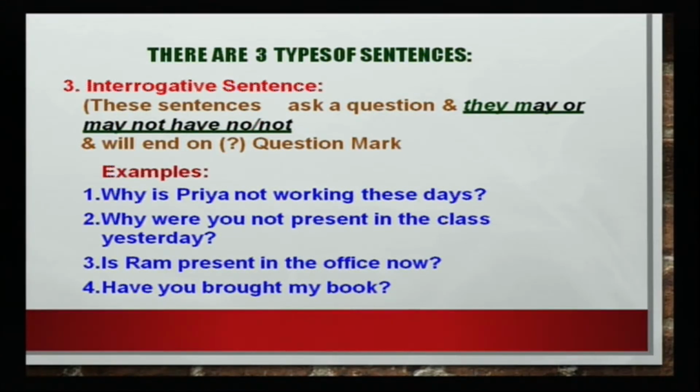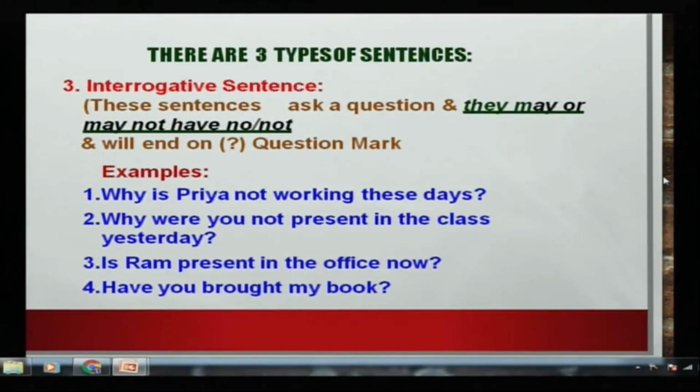So, why is Priya not working these days? Why were you not present in the class yesterday? Is Ram present in the office now? Or have you brought my book? So, students, take a look. An interrogative sentence is one that asks a question, and this is the third type of sentence that we have.